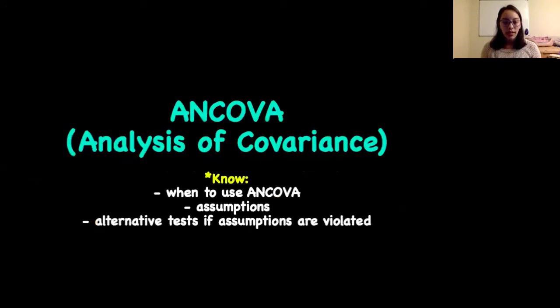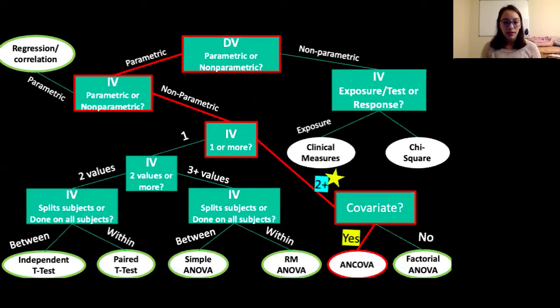We'll start on ANCOVAs. So the C just stands for covariance. Basically on our decision tree, we have the same pathway we use for factorial ANOVAs, only we have the presence of an ANCOVA. And you'll see that usually we use factorial ANOVAs when we have 2 or more independent variables.